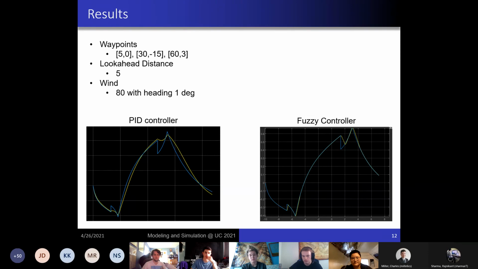And you can see the PID controller response on the left. Blue is your desired heading, and yellow is your actual heading. And the PID tends to be quite sluggish and doesn't always converge. It does okay, but as you can see compared to the fuzzy controller, it does much better with the fuzzy controller.